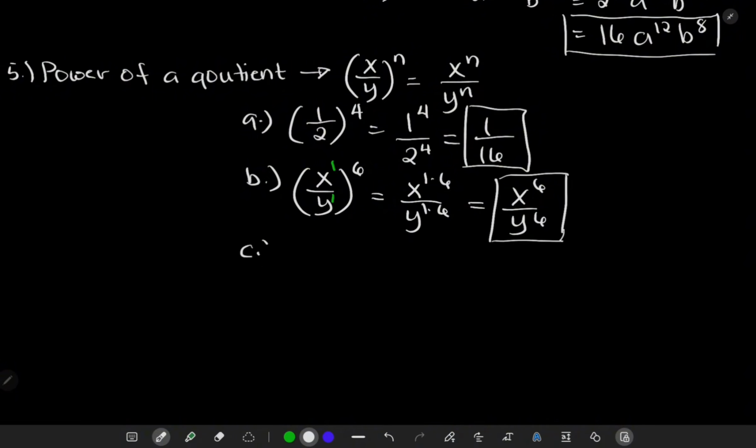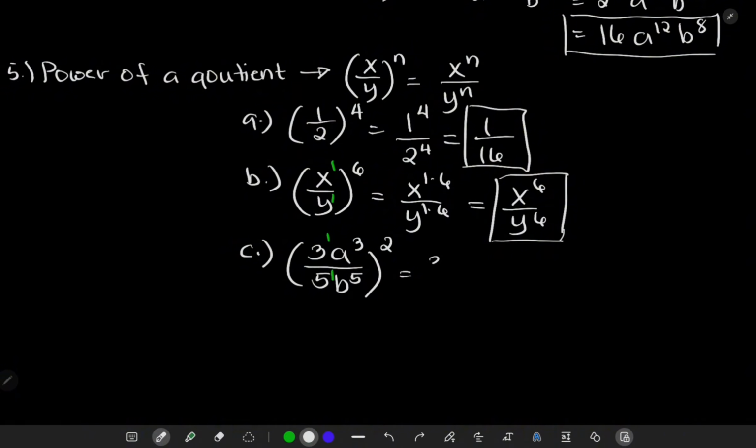The last example, so let's say if we have the quantity of 3 a cube all over 5b raised to 5 raised to the second power. So this time meron tayong numerical coefficient. So again, just imagine na may invisible one na exponent tayo dyan.